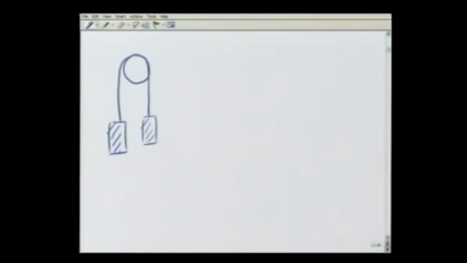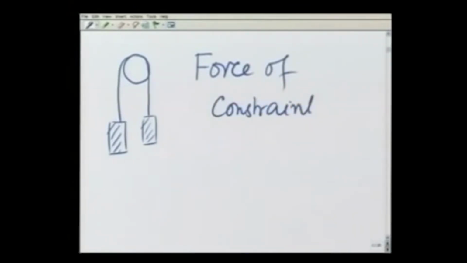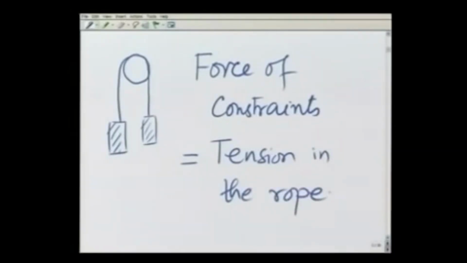What is the force of constraint here? The force of constraint that really makes the masses move together is nothing but the tension in the rope. So the tension in the rope is the one that keeps these masses together.